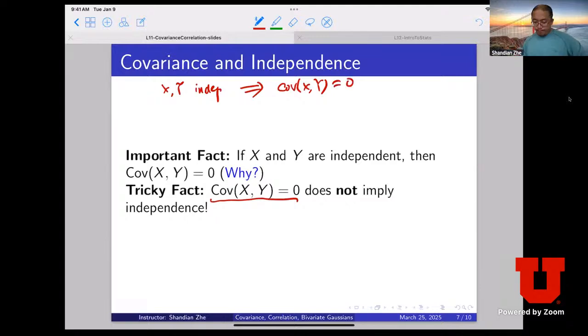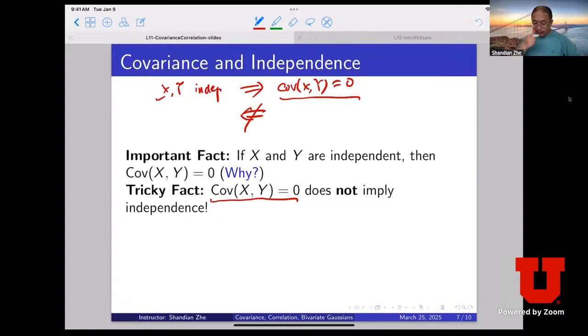However, when you say the covariance between x and y is zero, it doesn't mean x and y are independent. So that means x and y being independent is just a sufficient condition for zero covariance. Zero covariance doesn't lead to independence.